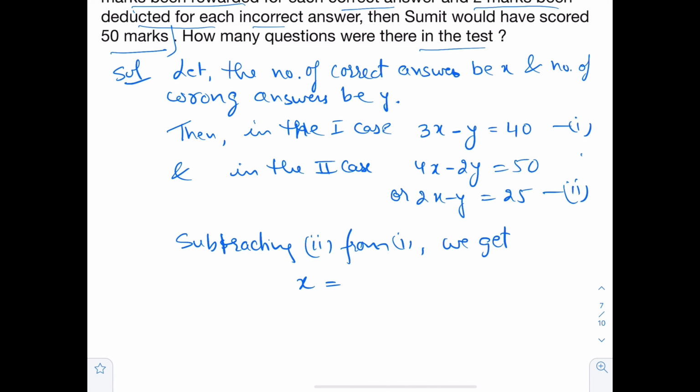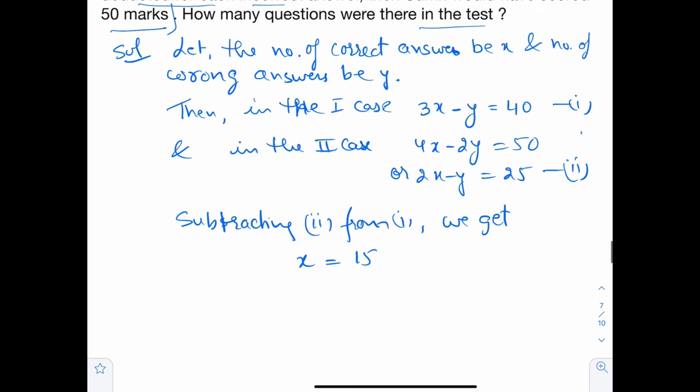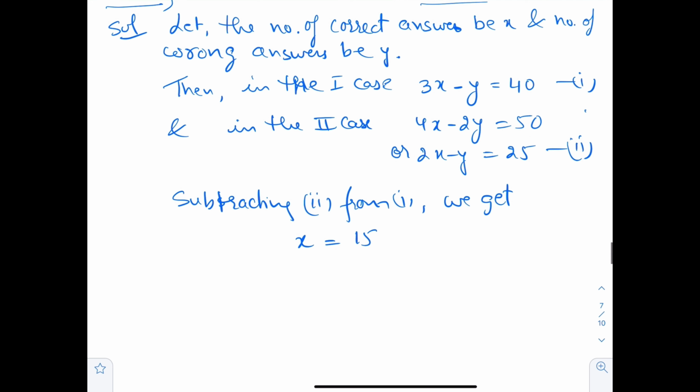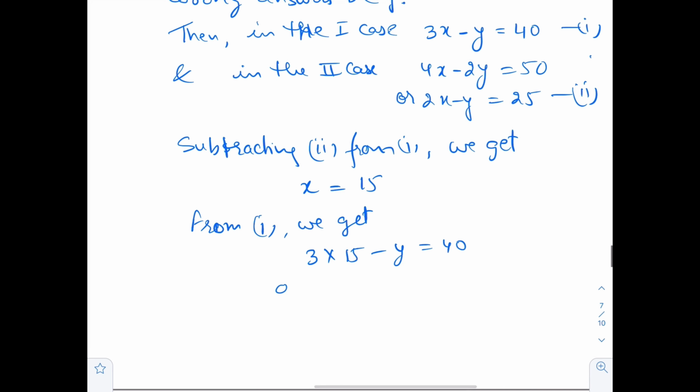x equal to 15. So we have x equal to 15. Now we substitute x equal to 15 in equation 1. From equation number 1, we get 3 into 15 minus y equal to 40.